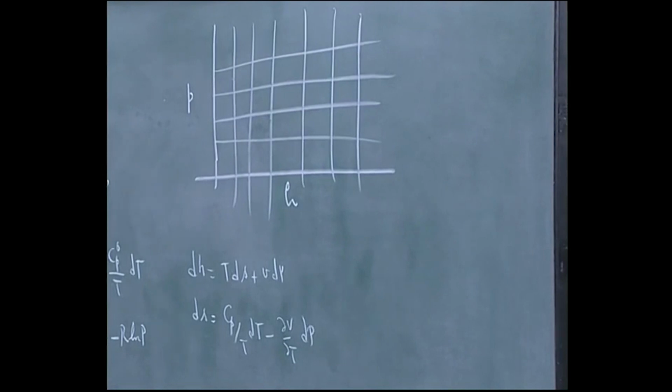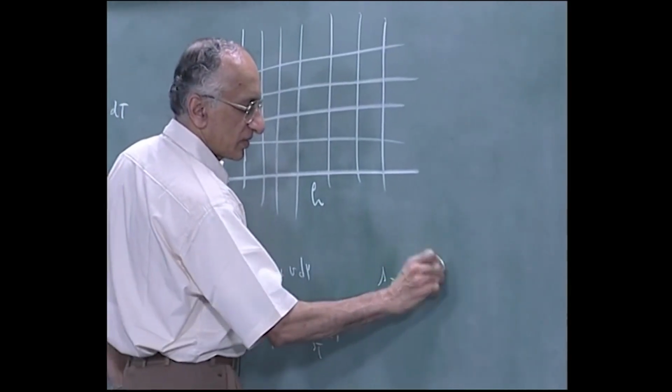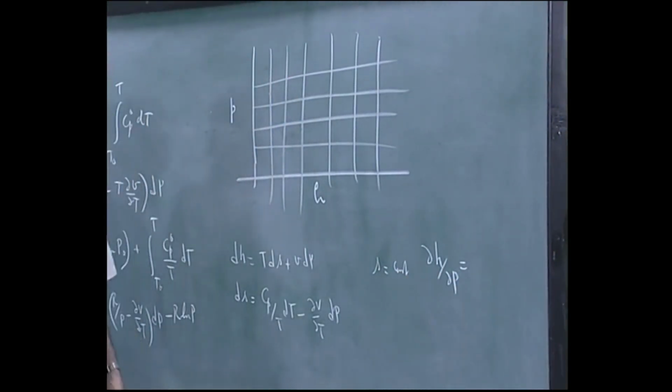If you look at isentropic lines, for S equal to constant, you get partial of H with respect to P. Remember, partial of H with respect to P is the inverse of the slope on this diagram.